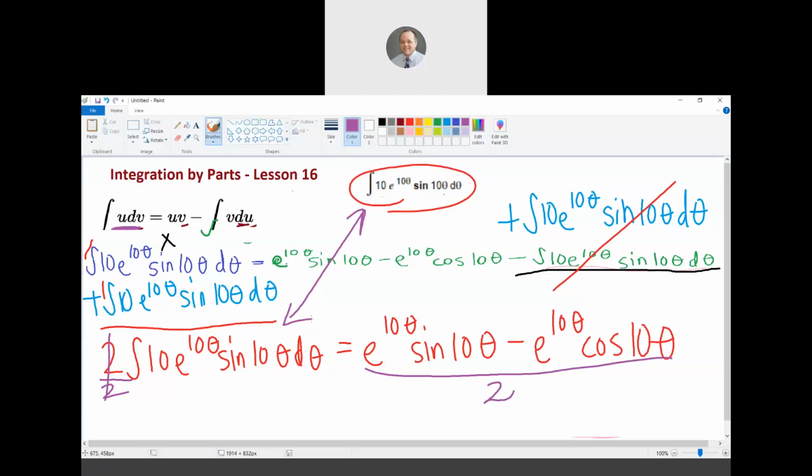And on the right-hand side, the only thing you need to do is add a plus c to your answer. So watch out for problems like this one that seem to go forever. If that happens, just follow the steps I did here.